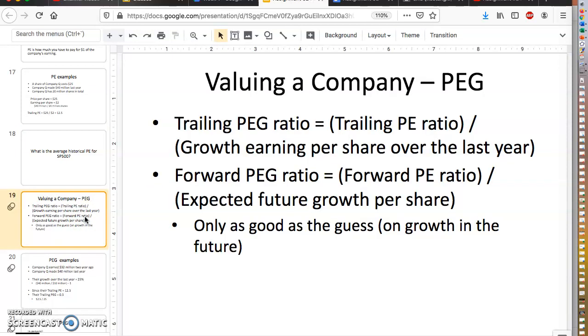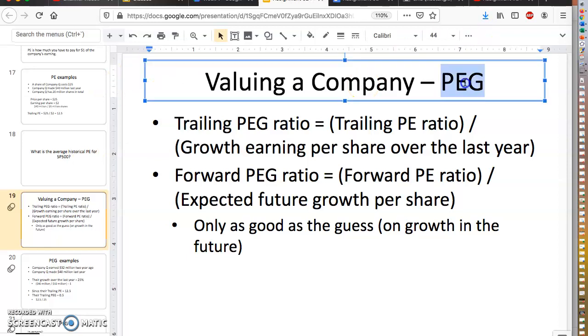Another very popular way to figure out whether or not you should buy shares of a company is something called the PEG ratio. The PEG ratio basically takes your PE ratio and divides it by the percent growth.